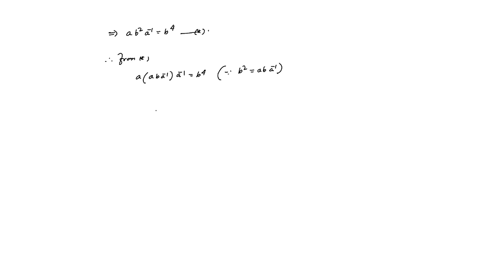And from that we can write A square B A to the power minus 2 equals B to the power 4.